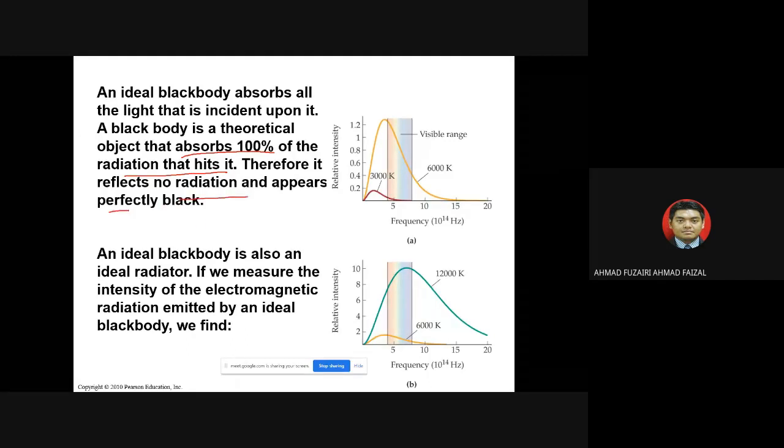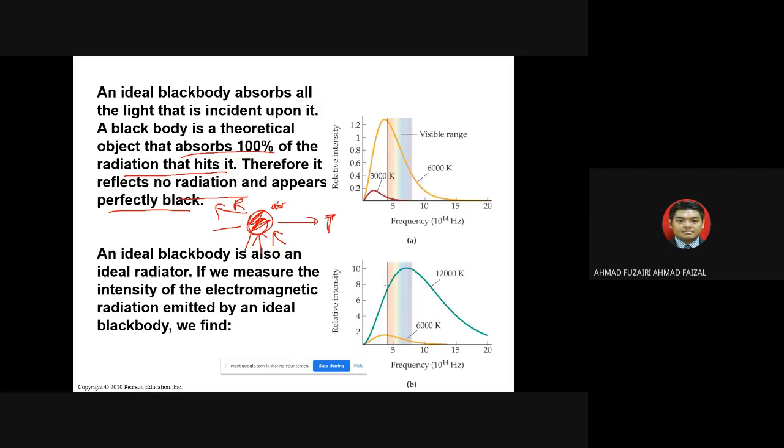Therefore, it reflects no radiation and appears black. When radiation hits matter, sometimes it is transmitted, sometimes reflected, and sometimes absorbed. When it absorbs 100% of the radiation, we call it an ideal black body.